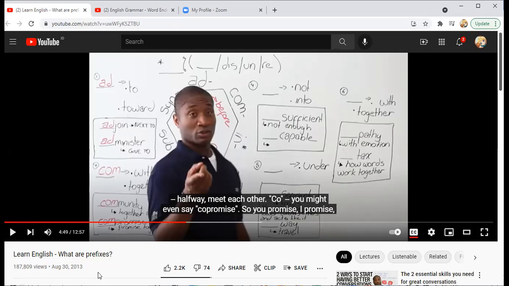Jadi compromise itu adalah like if you have a friend, if you live with someone, you have a roommate in your boarding house, for example, and then you have a disagreement because of something or another. In order for you to not fight, you have to compromise.